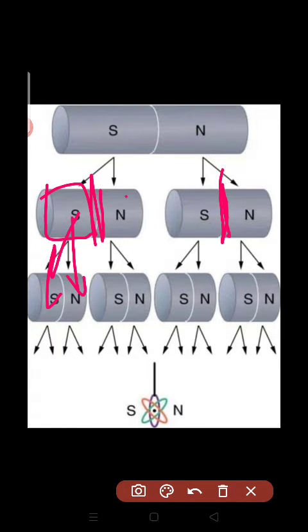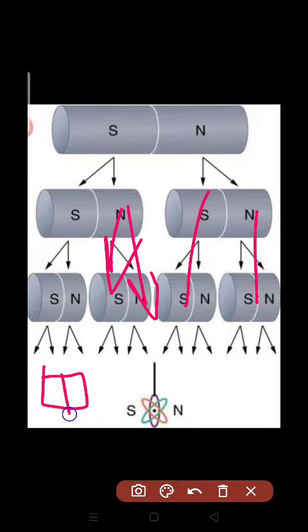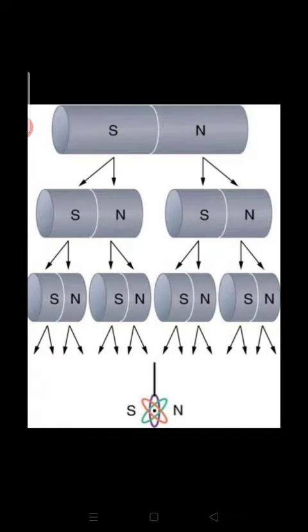This part also behaves as a north pole and south pole. In the same way, whenever you break a magnet, it will again have a north and south pole. It means we can't separate the poles of a magnet, they always stay together.